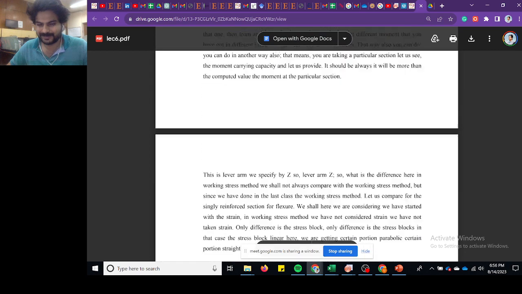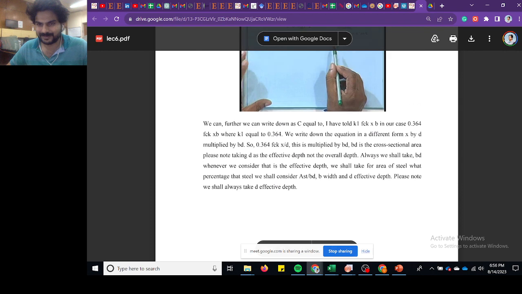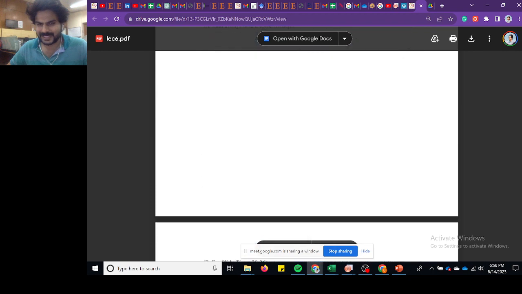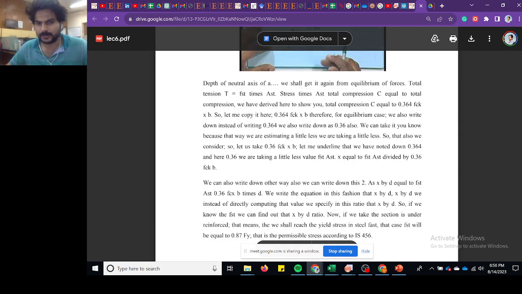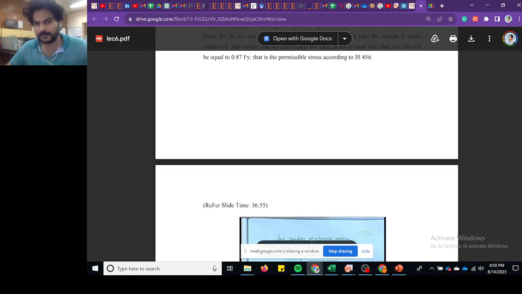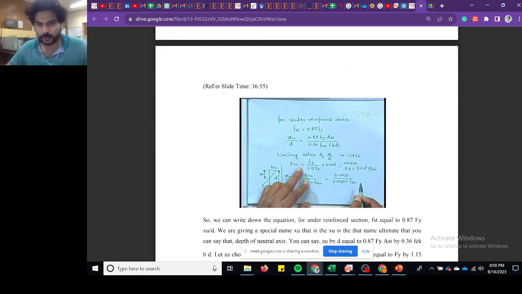May we consider the standard x by d, suppose it is 0.48 for Fe 415, for calculating the balanced percentage of steel? No, it can be anything. Xu by d is equal to 0.87 fy by ... Yes, the limiting value of x by d is given in the table. Suppose steel is Fe 415, then the x by d value is this; suppose steel is Fe 500, it is different.